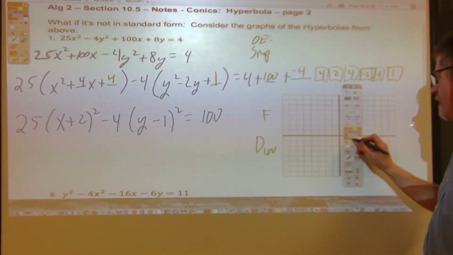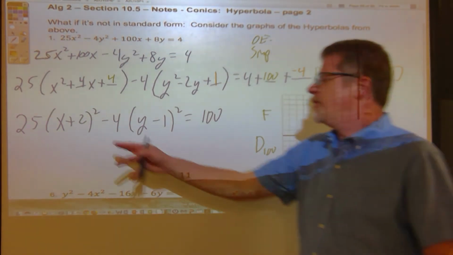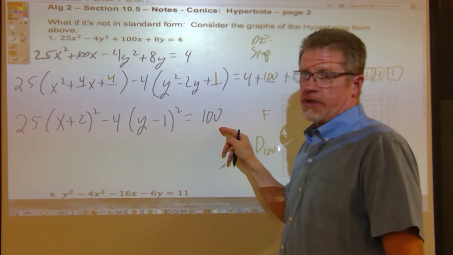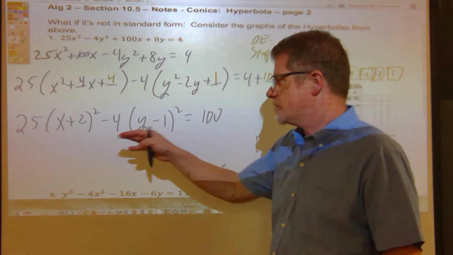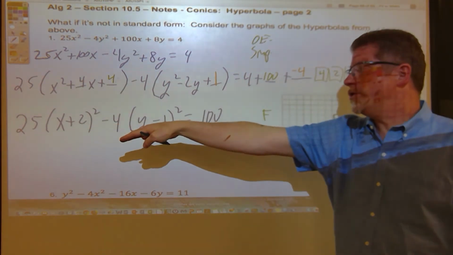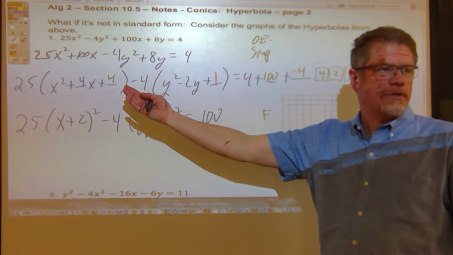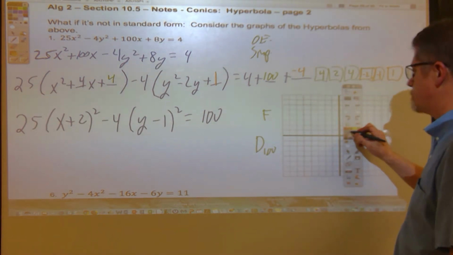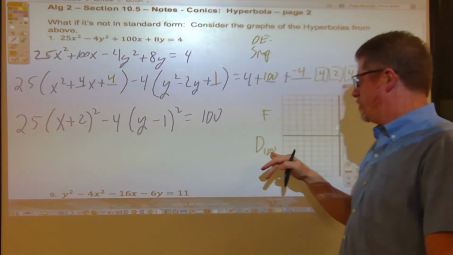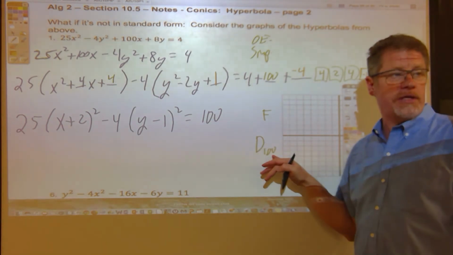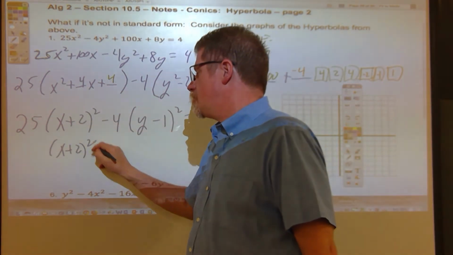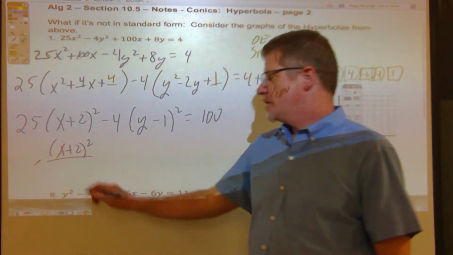When you divide by 100, some of you actually go over 100, over 100, over 100, which is fine, that's great. Is there anyone willing to do it in their head and tell me what this ends up being? Daniel, go ahead. So when you do what Lauren suggested, and that is divide all 3 of these terms by 100, this first term will end up being x plus 2 squared over what? 1/4, so it'll be over 4.